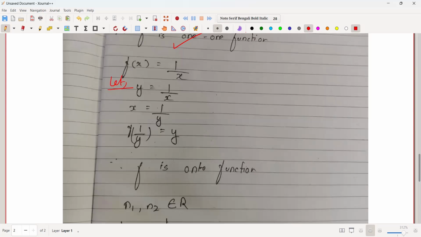No, here you have to write that y belongs to R star, that implies 1 by y belongs to R star.